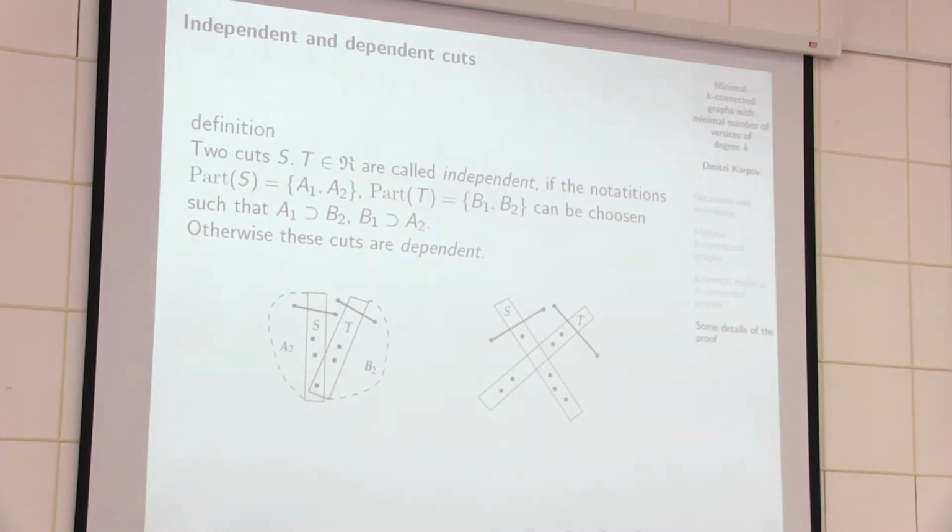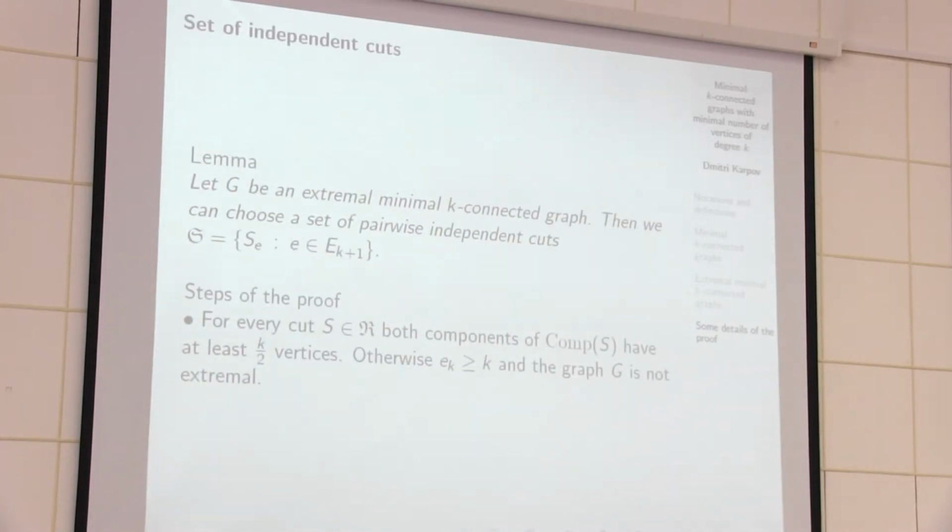So our main lemma is here. If G is an extremal minimal k-connected graph, then we can choose a set of pairwise independent cuts that contain all edges of E plus 1.